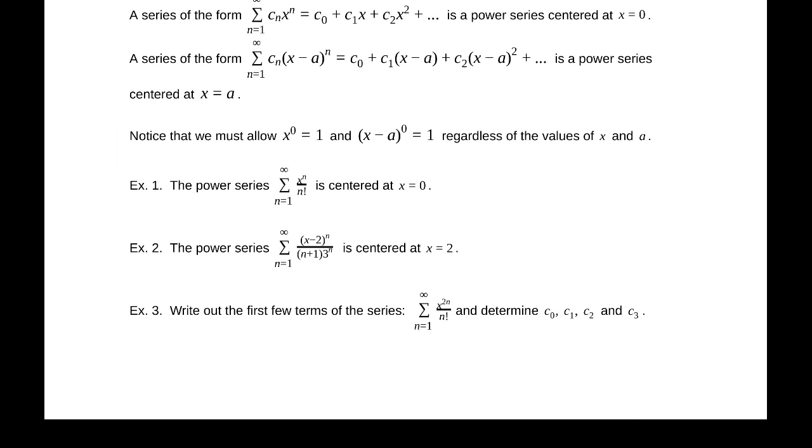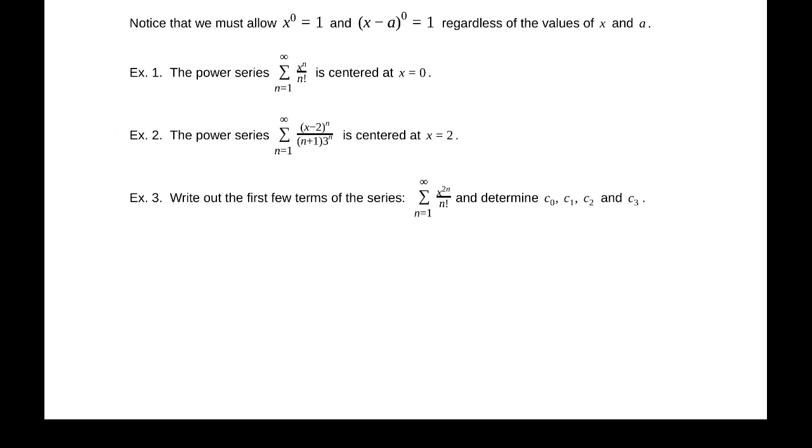All right, so example 3, write out the first few terms of this series and determine C0, C1, C2, and C3. And actually, we'll go a little bit further. All right, so to begin with, if n equals 1, our term is x squared over 1 factorial, which is just 1.